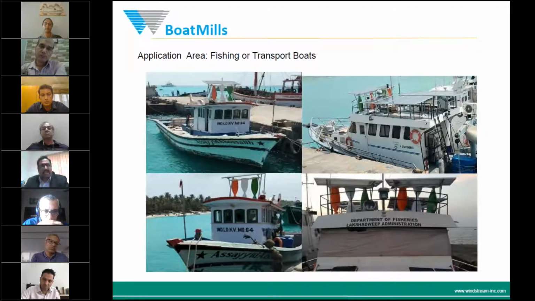And we have done powering of the fishing boats and the transportation boats in Lakshadweep, where we take abundantly available wind from the sea and the uninterrupted solar radiation, and we were able to save around 5 liters per each kilowatt installed.